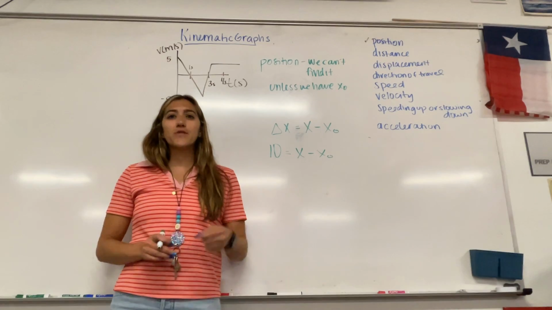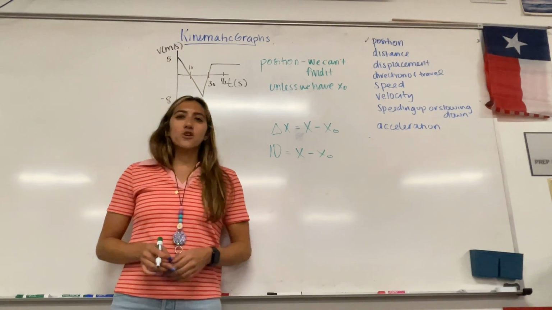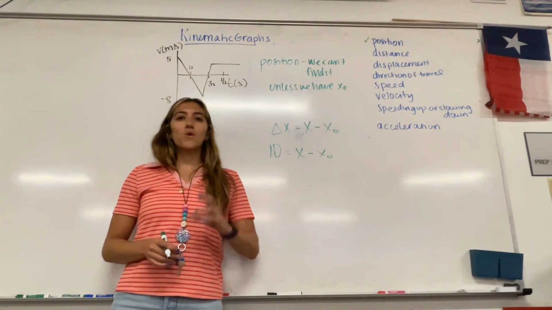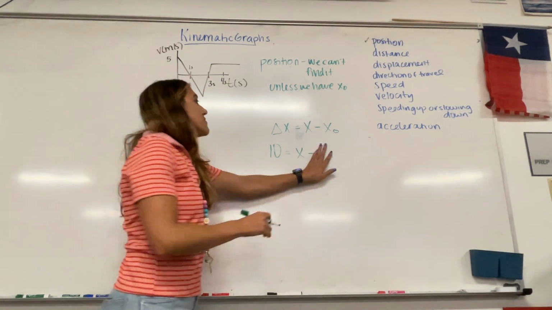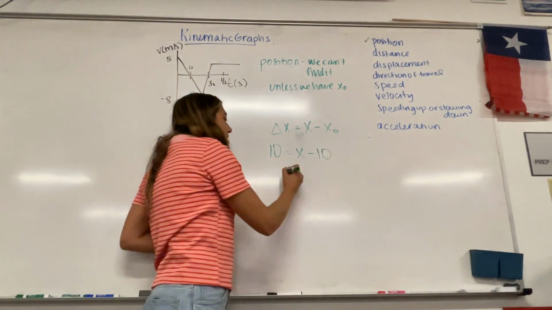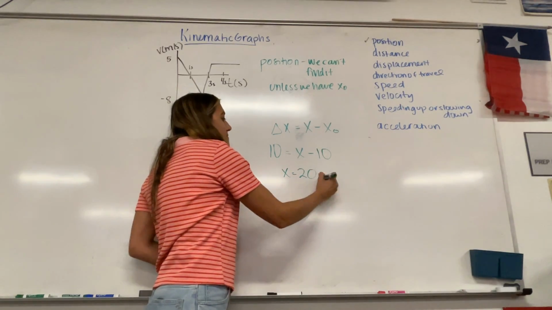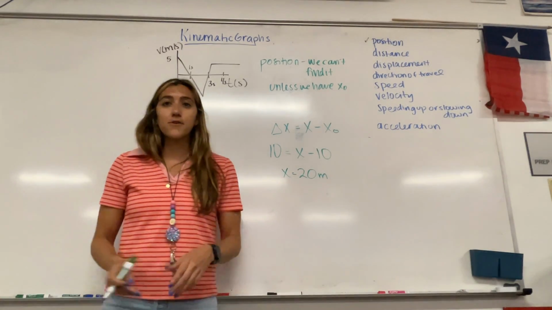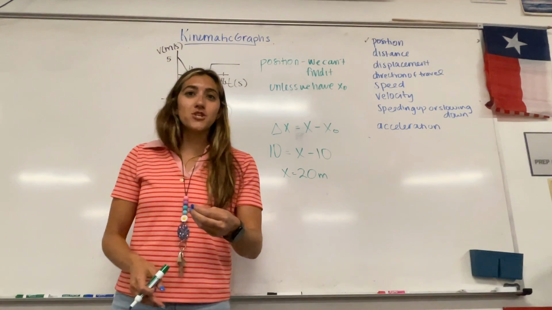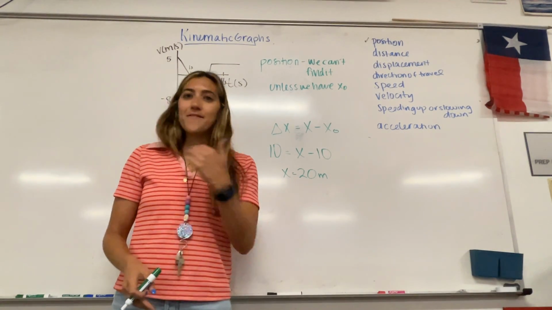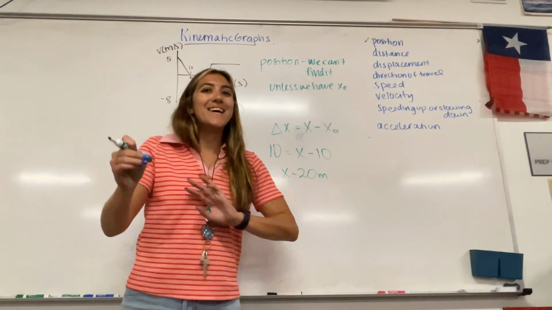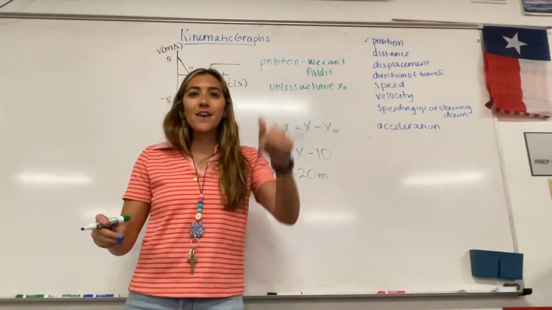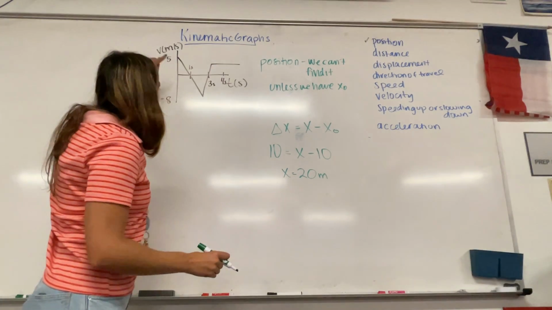So unless you're told in the question the initial position was at 0, or the initial position was 10 meters. If I have that information, then I can easily figure out where I am now. I'd be at a position of 20 meters. But unless I'm given that information, position is not on this graph at all. At all. It has to be additionally given in a different part of the question. You cannot find it using just this picture.